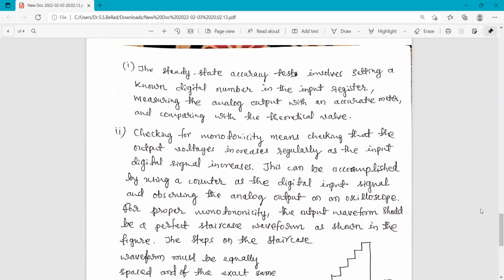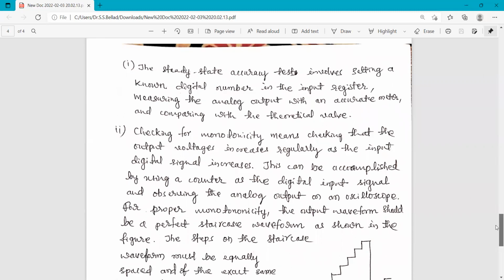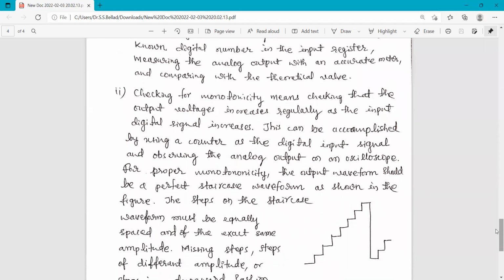digital to analog converter. Then how is monotonicity checked? Checking for monotonicity means checking that the output voltage increases regularly as the input digital signal increases. This can be accomplished by using a counter. We have to use the counter as the digital input signal and observe the analog output signal on the oscilloscope.